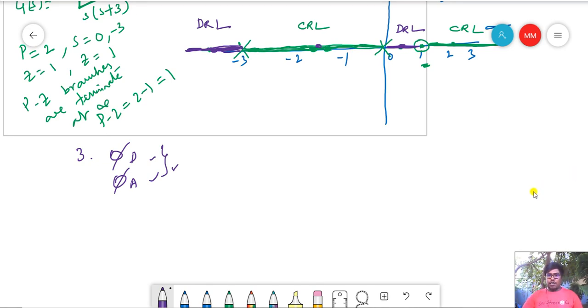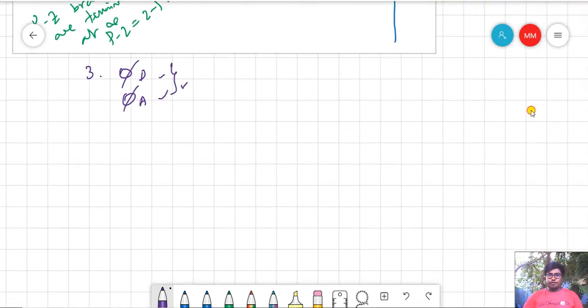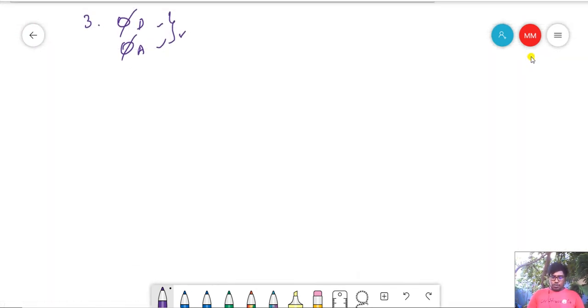Now we will go to the problem. Here it is given the transfer function, g of s is equal to minus k into s minus 1 divided by s into s plus 3.